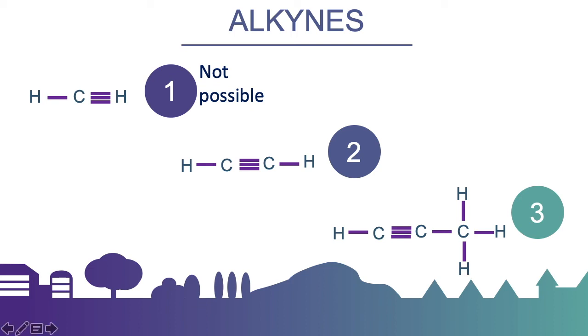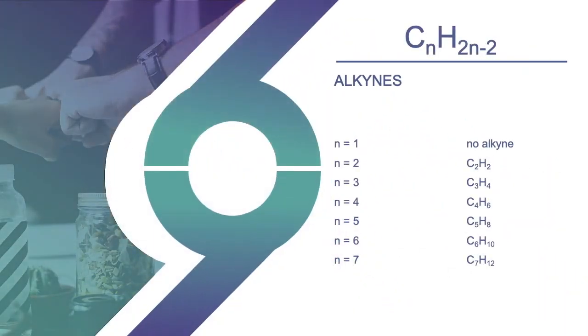So now to look at the molecular formulas as we did for alkanes and alkenes. For the alkyne with 2 carbon atoms, the molecular formula now becomes C2H2. And for the alkyne with 3 carbon atoms, the molecular formula is C3H4. Now to look at the general formula for writing any alkyne. The general formula of alkynes is CnH2n-2.